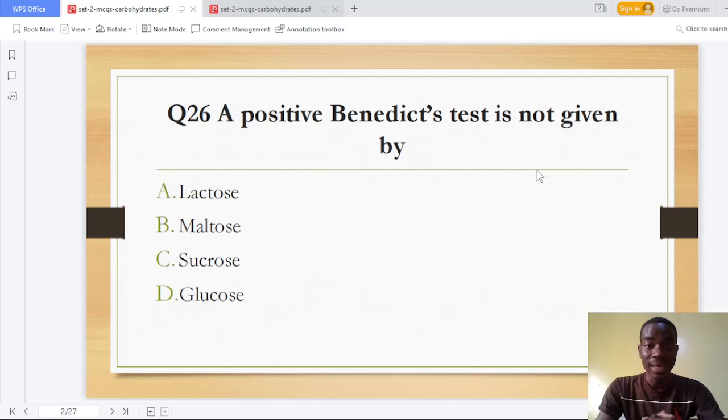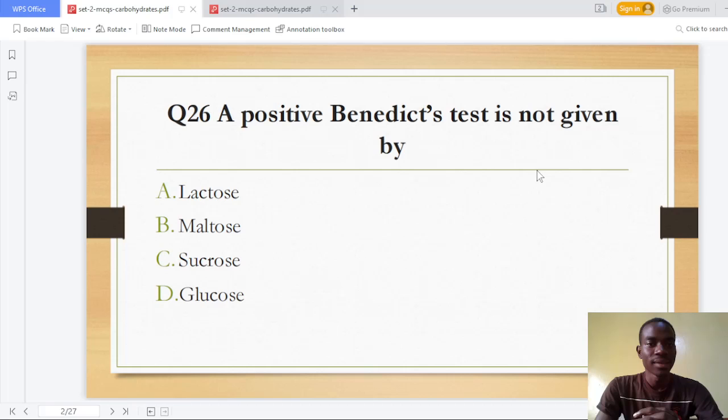Question 26. A positive Benedict test is not given by A. Lactose, B. Maltose, C. Sucrose, D. Glucose. Here you discover that they're just asking you concerning simple sugars.